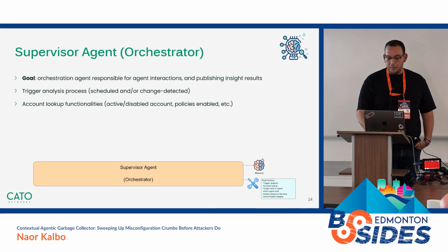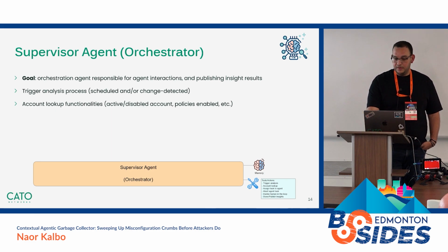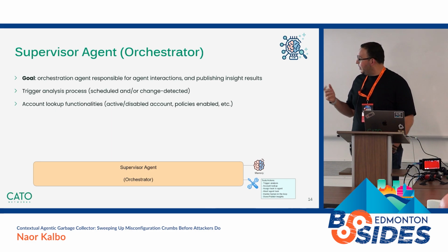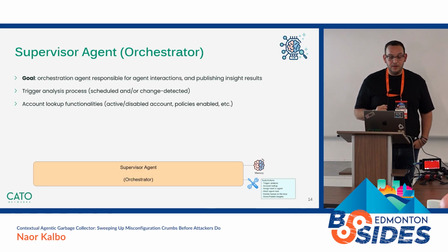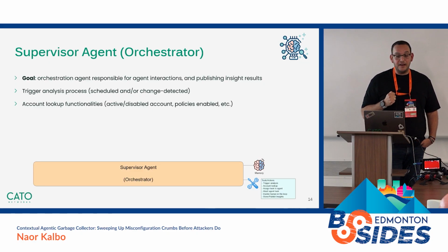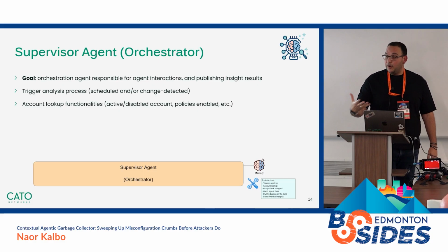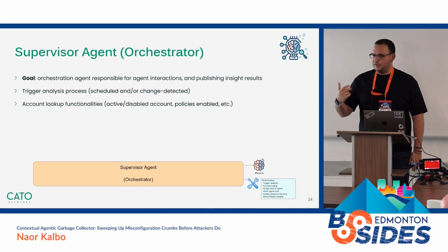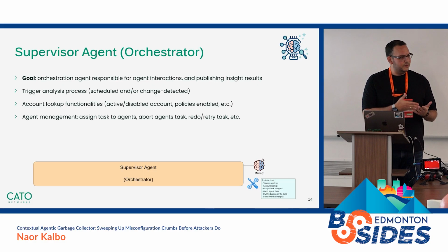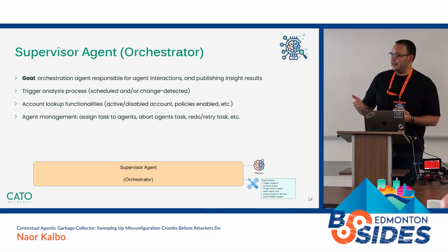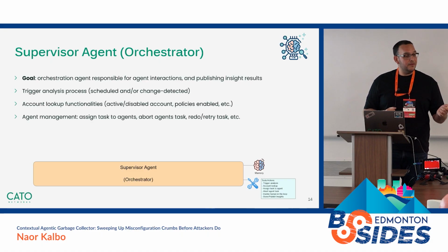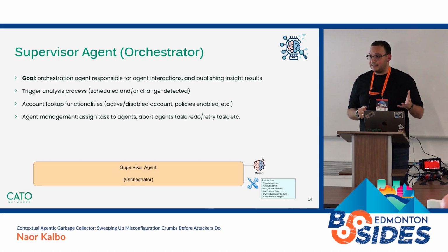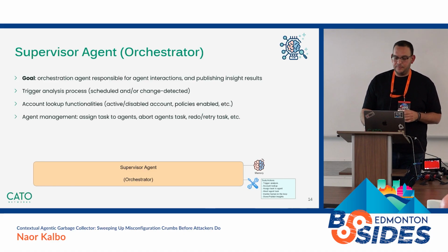It also includes tools that assist, for example, in account lookups, pulling valuable information such as whether the account is active or not, which policies are in use, and so on. The supervisor can assign, abort, or retry tasks for each of the agents you will see in a second.